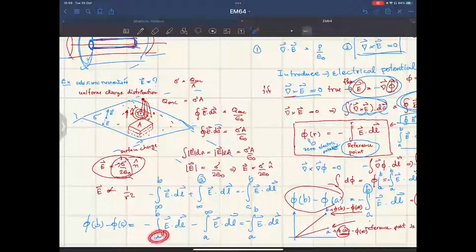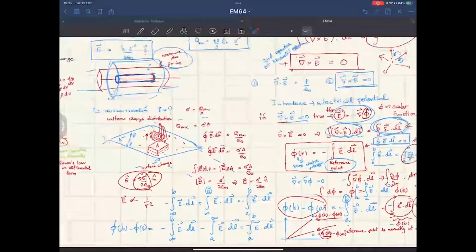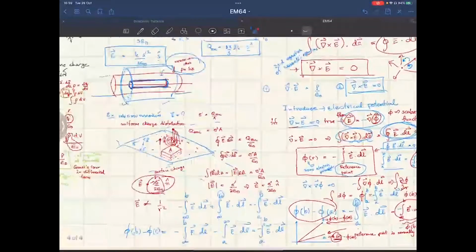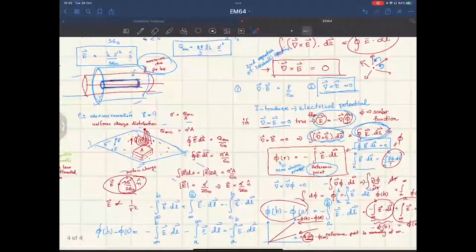So the result of the infinity will subtract each other, they will cancel each other out. So we don't have it here. We only have the potential at B and the potential at A. Any questions? Okay. Everyone understands it, I hope.